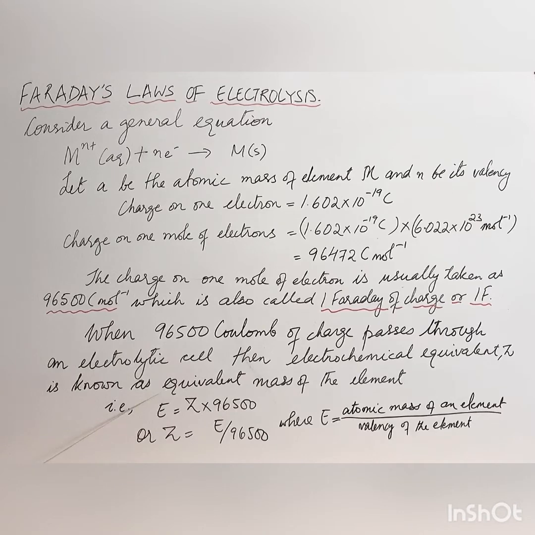E is what we call the equivalent mass of the element. So we can also write Z as being equal to E divided by 1 Faraday. So E is a quantity which is derived when we take the ratio of the atomic mass of the element and we divide it by the valency of the element.